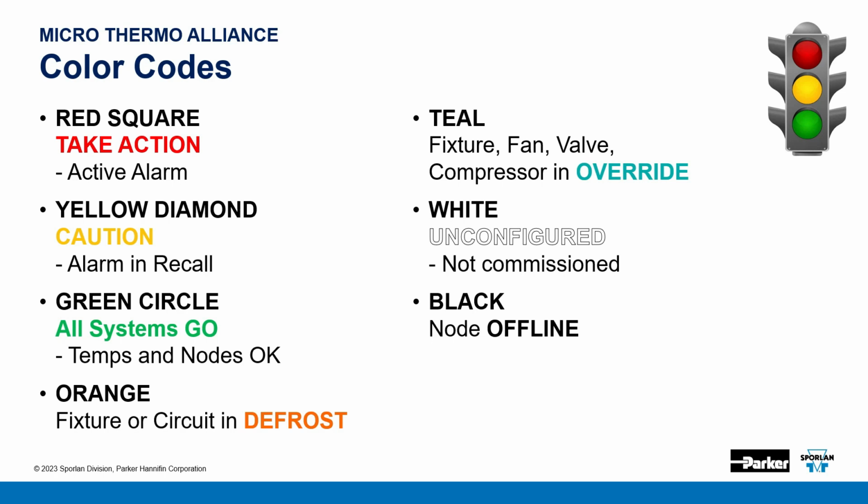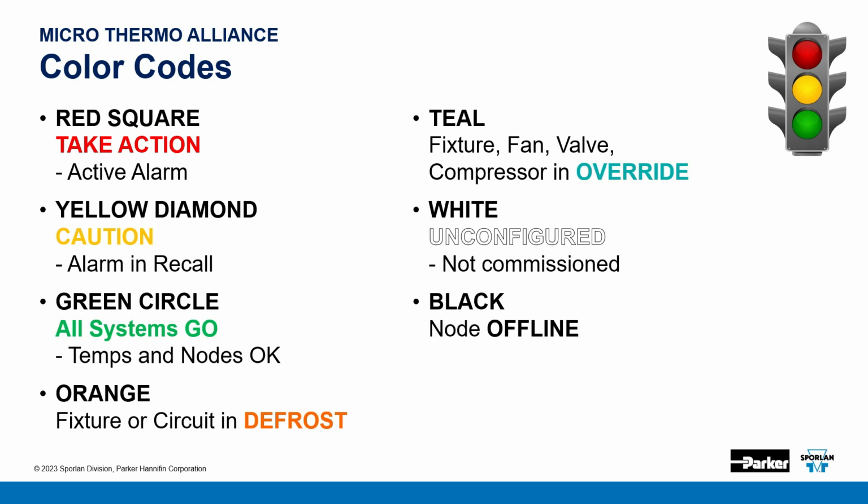If you see one of the node icons is now a yellow diamond, that is something that is not fully programmed, or it's an alarm in recall. And if you see everything are green circles, that means all systems are go, all temperatures, all pressures, and all nodes are A-OK. So the 3 basic colors are, again, red, yellow, green.